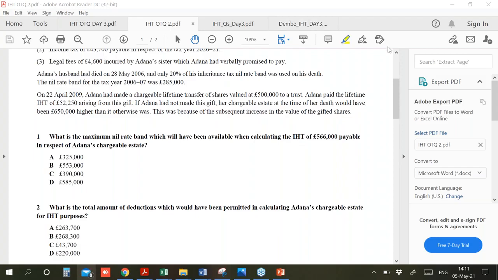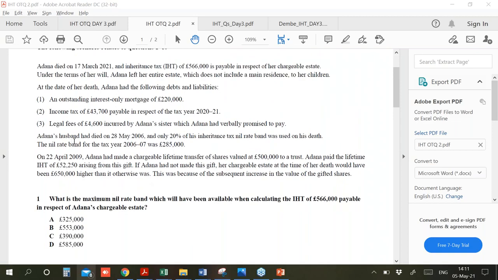Thank you, guys. Now, Adana's husband died in 2006 and 20% of his nil rate band was used on his death, which means 80% has been left by him. The nil rate band of the tax year was 285,000.